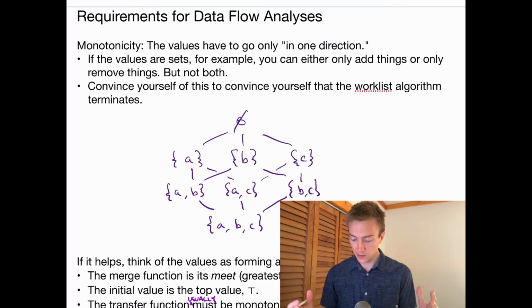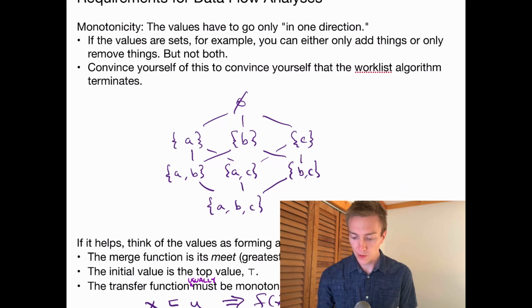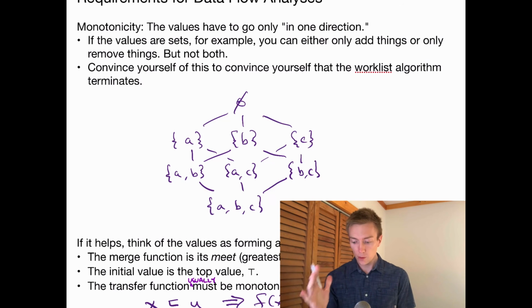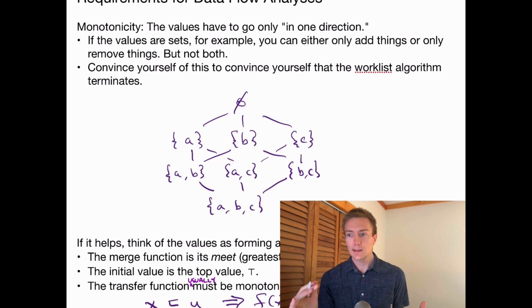So if you want to prove to yourself that your data flow analysis fits this constraint, you can think of defining a partial order on the values that are being computed. For example, if we're doing something with sets, then for that partial order you can use the superset relation, for instance, and you need to think of your merge function. You ensure that your merge function, whatever it is, is the meet, that is the greatest lower bound on that partial order.